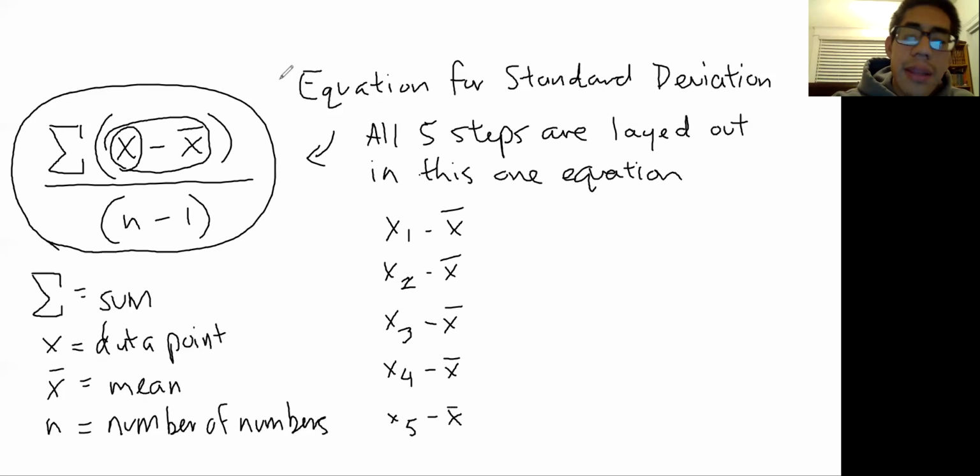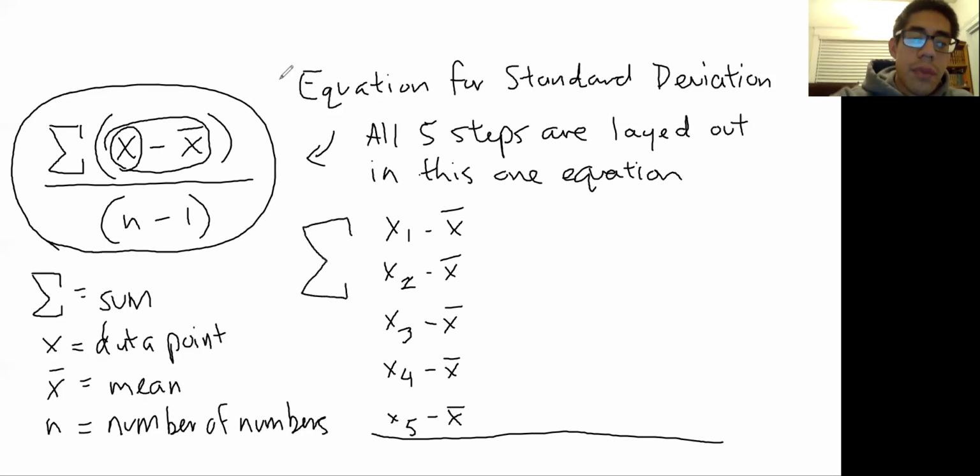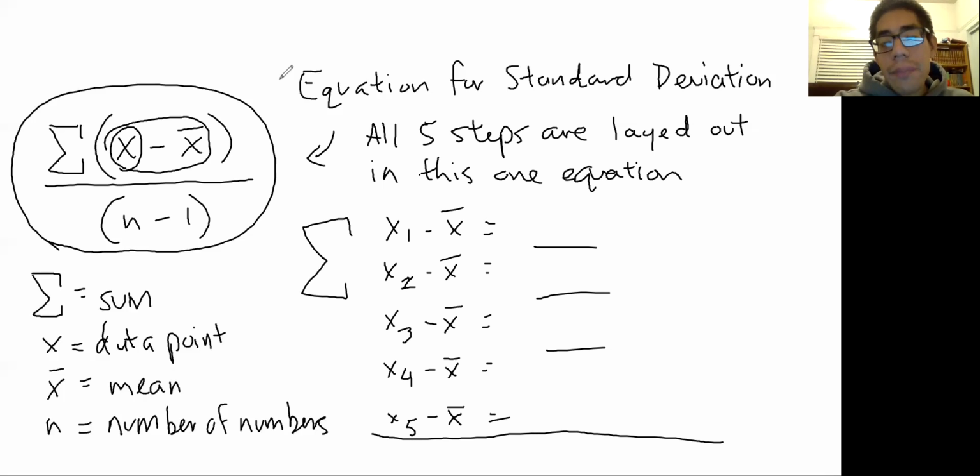If you're wondering where I'm getting the numbers from, there are just 5 numbers in the data set: the first number, the second number, the third number, the fourth number, the fifth number. The E means the sum. That means I have to add them all up, and I'm going to get one single number.